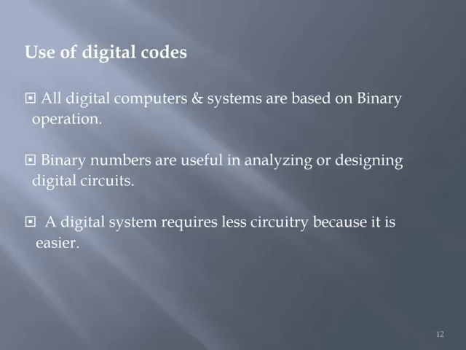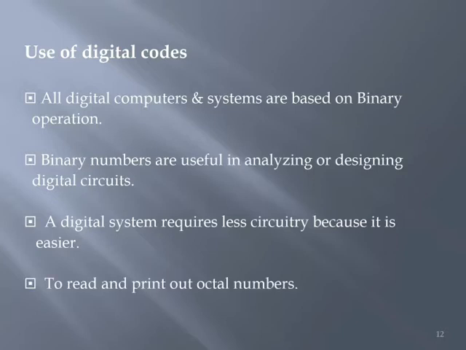A digital system requires less circuitry because it is easier to design digital circuits. Compared with analog circuits, digital circuits mainly deal with only two types of signals: logic low and logic high. There are only two different voltage levels in digital circuits, so it is easier to construct them compared to analog circuits.